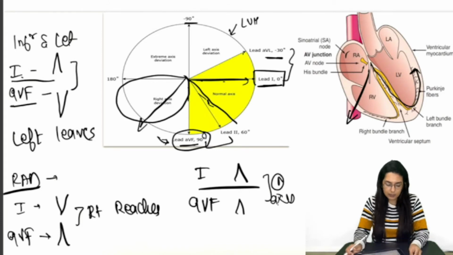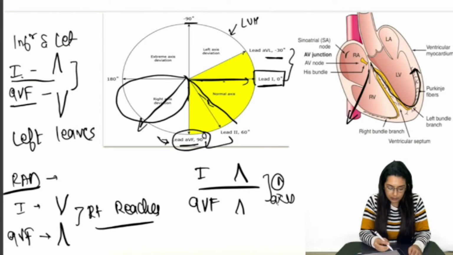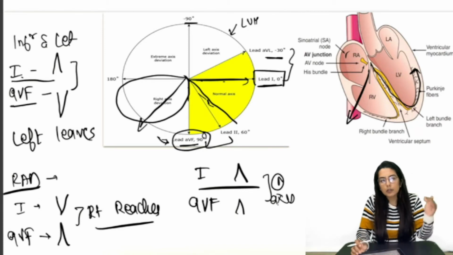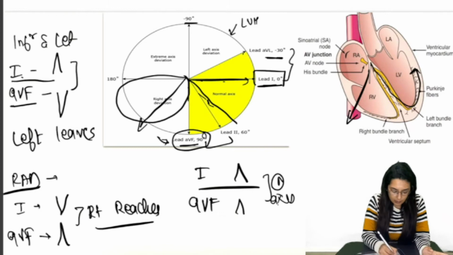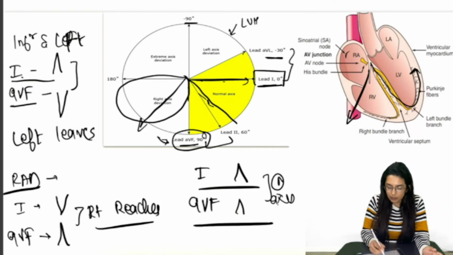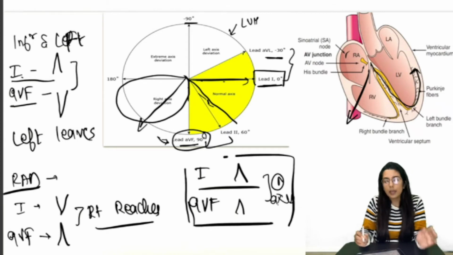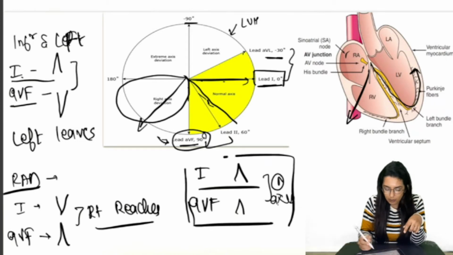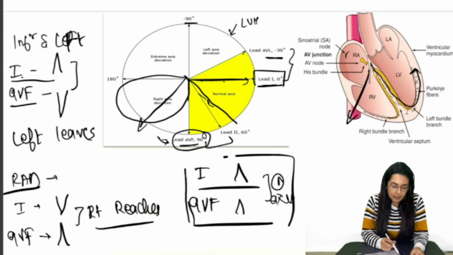Got it? I hope this is clear. Just to revise: normally it goes inferior and to the left side. The inferior lead is AVF and the left side lead is lead 1, so for both of them there will be a positive QRS complex.